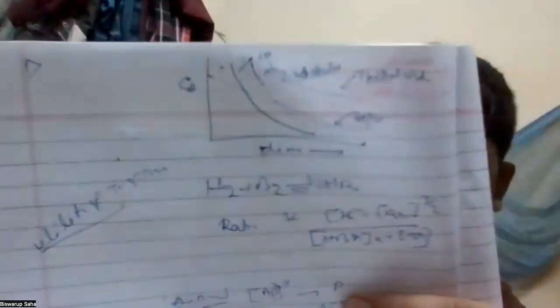According to this, the rate of the reaction equals the concentration of the activated species times the frequency of vibrations of the activated species, by which it decomposes to the product.